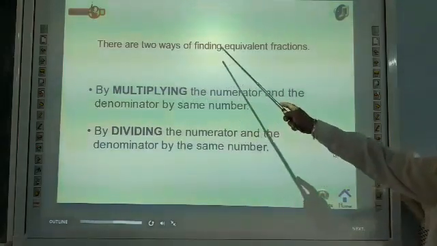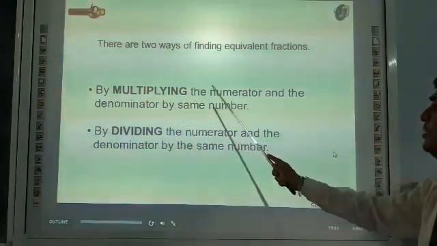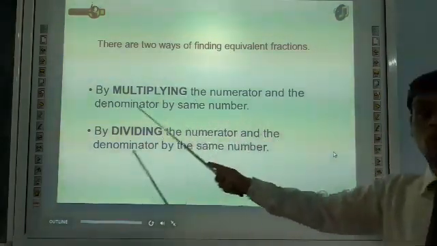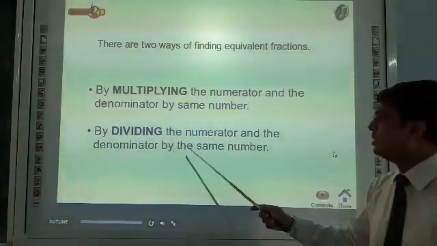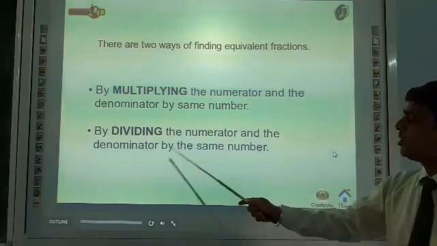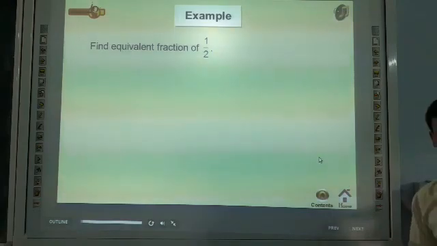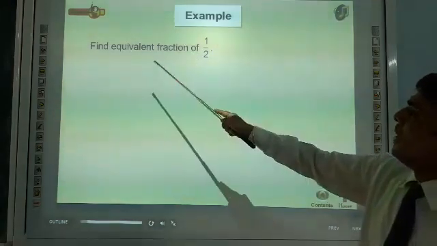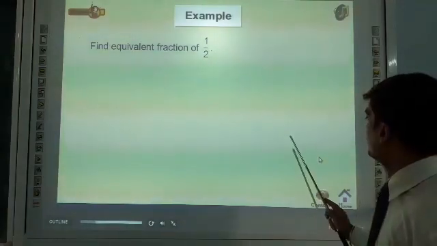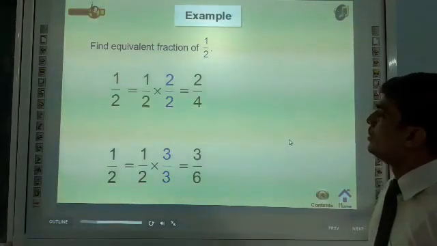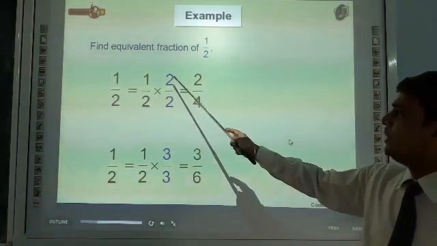There are two ways of finding equivalent fractions. First is by multiplying the numerator and the denominator by the same number. Second is by dividing the numerator and the denominator by the same number. For example, find an equivalent fraction of 1 upon 2. 1 upon 2 is equal to 1 by 2 multiplied by 2 upon 2.